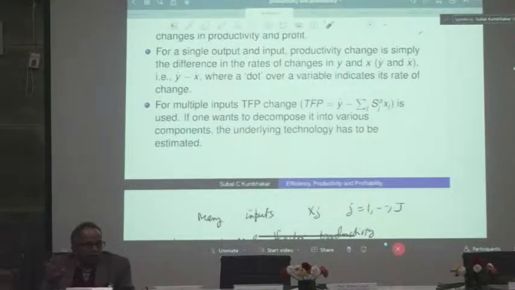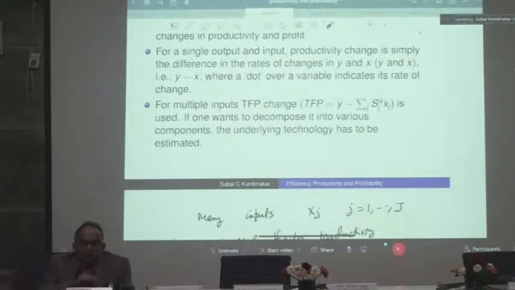And by that, just to give you a glimpse, we are interested in knowing how much of it is coming from, for example, technical change, or how much is coming from input use. We often ask, can productivity be input driven? What is the meaning of that? That is, by using more inputs, can your productivity be increased?